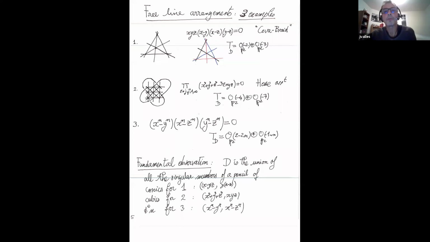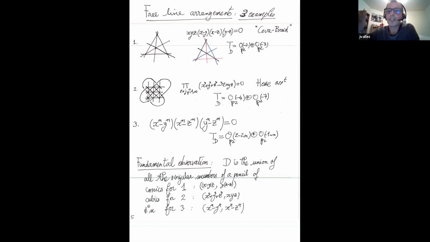In the same spirit, in the second case, you have 2 cubics, for instance, a smooth one, the Fermat cubic x^3 plus y^3 plus zeta^3, and a Hessian curve, x, y, zeta, the triangle. If you take the pencil generated by these 2 cubics, then you will obtain cubics passing through the 9 points of intersection.